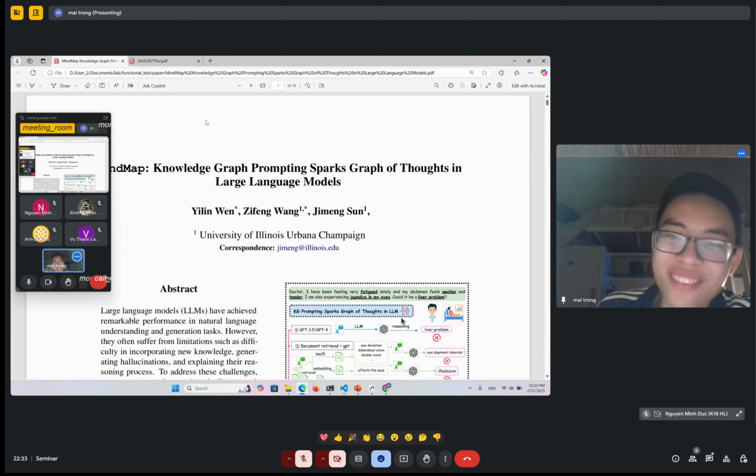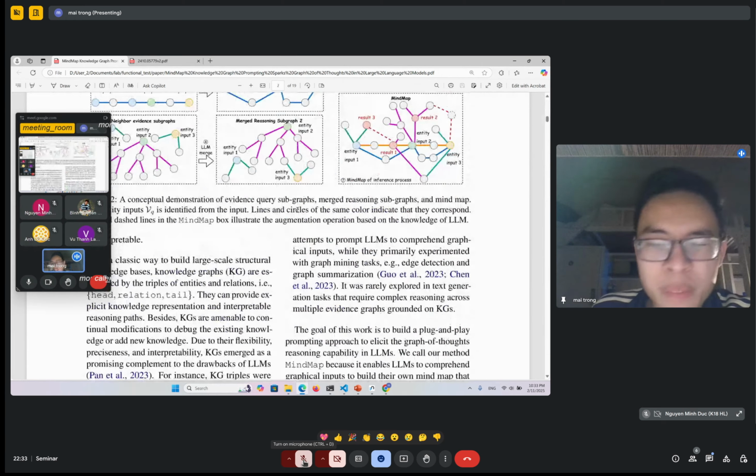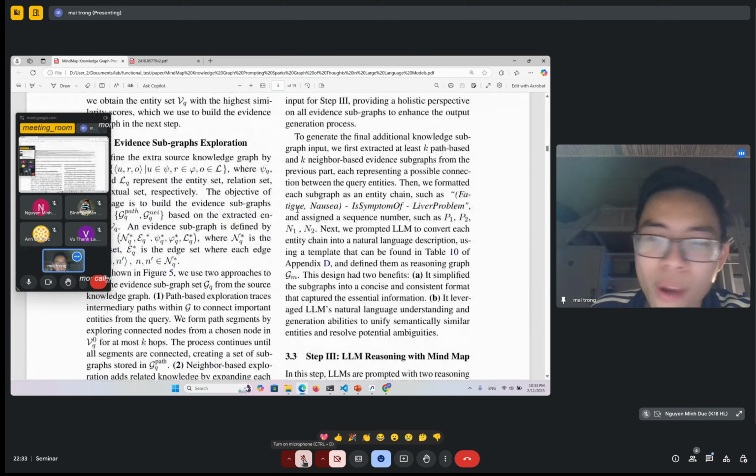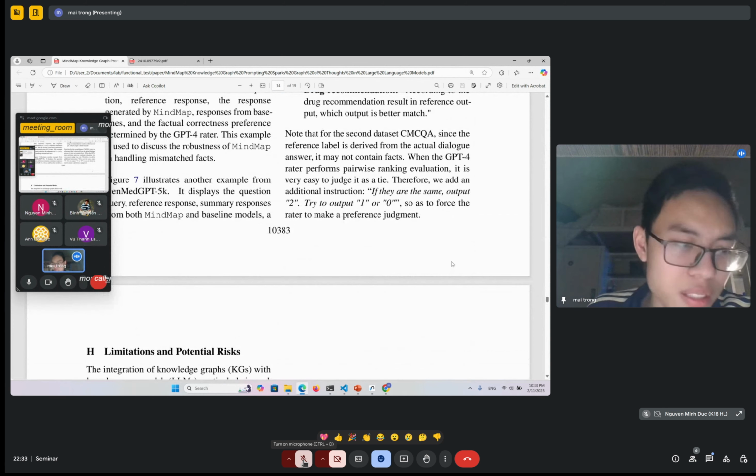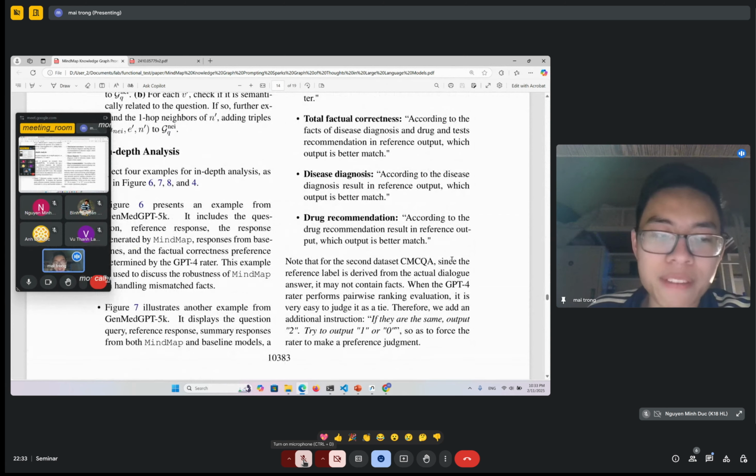But it depends on how you build your knowledge graph. In this one, they just build a quite normal graph. When I say a quite normal graph, I mean it's for general purpose. The node doesn't have the information and the edge is the answer.